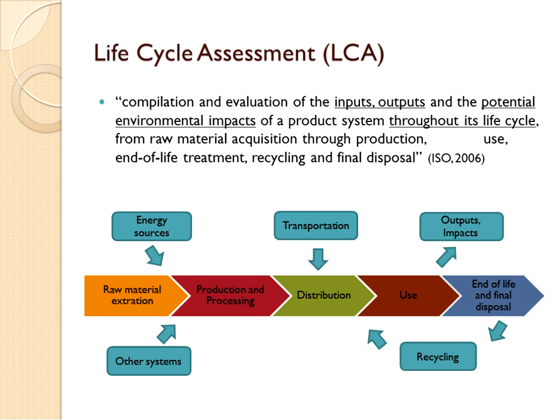So when we get down to the brass tacks of doing a life cycle assessment, what we're trying to do is to account for all of the inputs that go into the production of a product. So we can think about the production and processing. That's the sort of things that happen on the farm, in a processing plant.